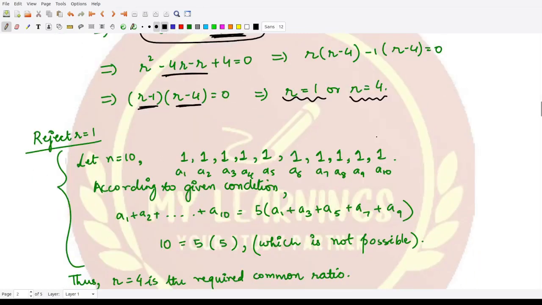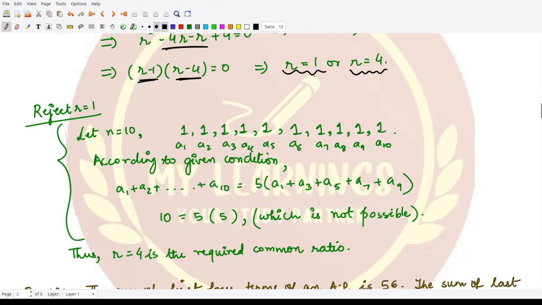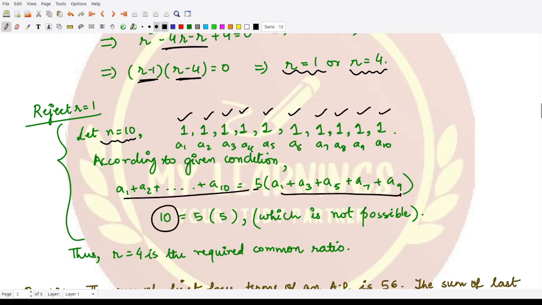Now let's take the case when r is equal to 1. If r is equal to 1, and suppose we have 10 terms, which is an even quantity, right? So that means we would have 1 for each term, right? So according to the given condition, the sum of all terms, which is 1 plus 1, how many times? 10 times. It is 10. The sum of all the terms is 5 times the sum of terms which are present at odd positions.